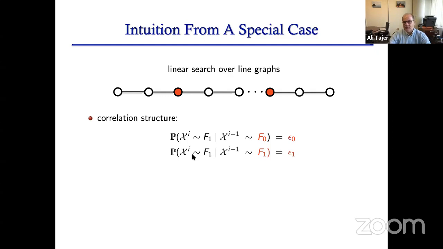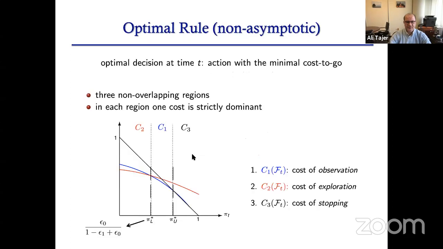So it's a sort of a Markov line network. If node i minus 1 is distributed according to F0, the chance that the next sequence is F1 is epsilon 0. And if it is F1, the chance that the next sequence will be F1 is epsilon 1. Okay, so the entire graph will be parameterized by two parameters, epsilon 0, epsilon 1.